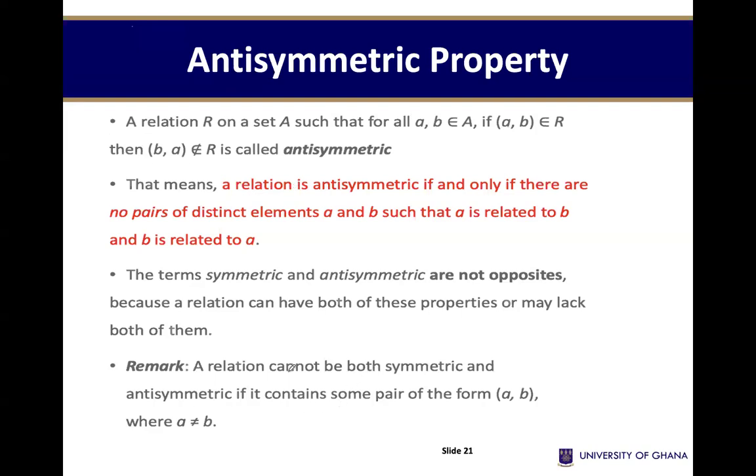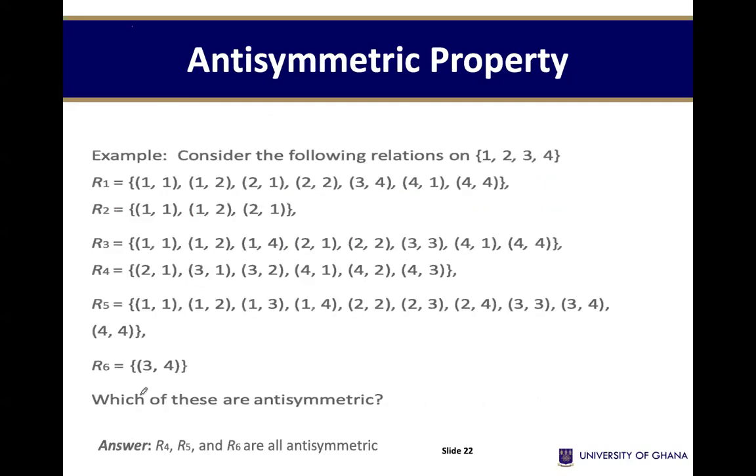A relation cannot be both symmetric and antisymmetric if and only if it contains some pairs of the form A not equal to B. For A equal to B, we are exhibiting the reflexive property. And for the reflexive property, anytime I have 1 related to 1, I can duplicate it, and that gives me another 1 related to 1.